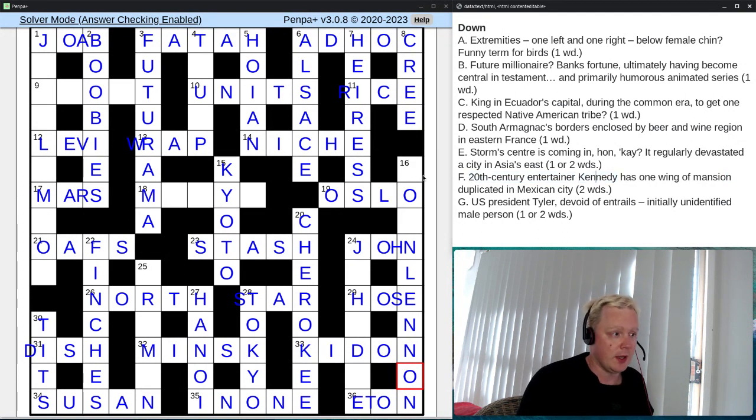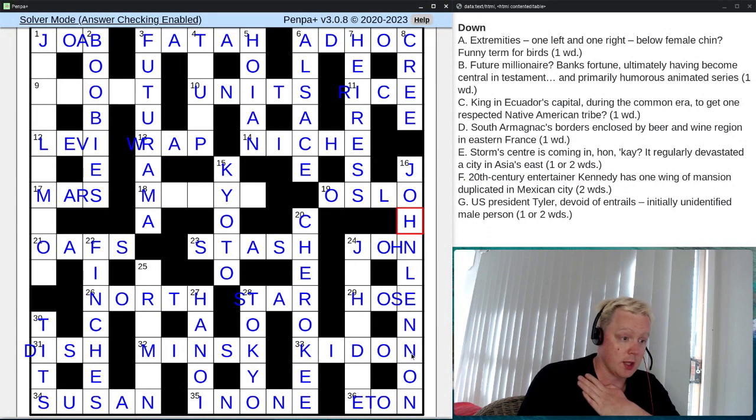And Kennedy, we have John Kennedy, US president. Here is one answer to this F here. So John Lennon, John is Kennedy, and then one wing of mansion, N, duplicated in Leon, Mexican City.